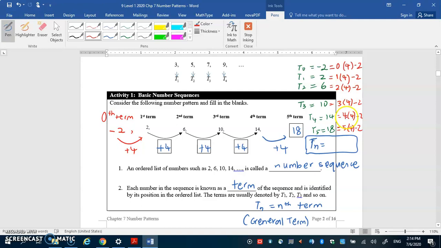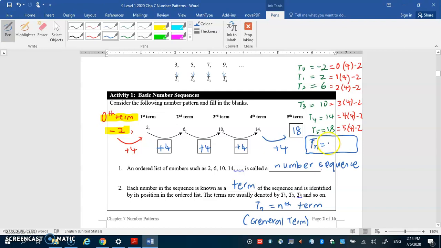So the 4 over here is the common difference. The number in front of the 4 is the number for the term itself. For example, for T5, I would use 5. For T4, I would use 4. And the -2 over here is the 0th term that we found. So it's very simple to derive the formula for the general term.